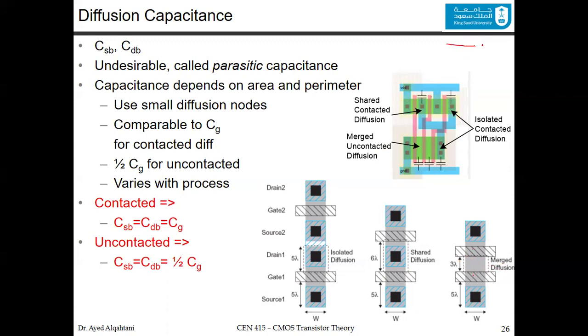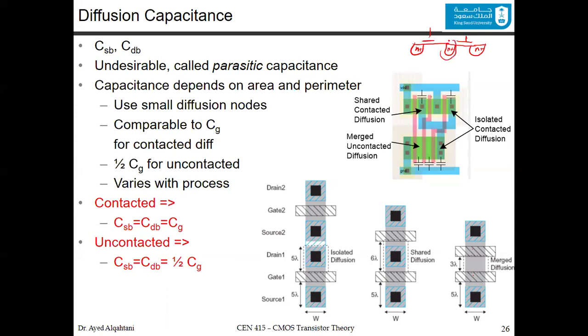So let's do it this way. If that's the first transistor and you have N plus here, and you have N plus here, since it is in MOS, the second transistor is using the same diffusion here. So we don't have another one for it.